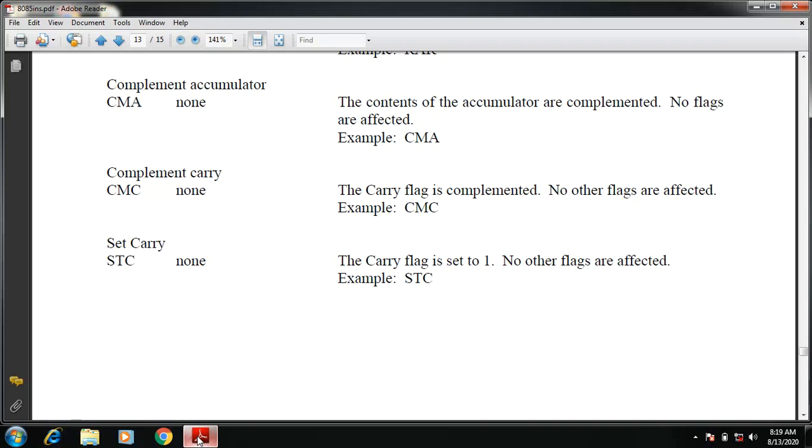For example, the content of the accumulator is 28, one 8-bit data. 28 is represented in binary form as 0010 1000. So these are the 8 bits. For applying the CMA instruction, it directly complements them. That is, 0 is changed to 1, 1 is changed to 0. That means each bit of the accumulator content is complemented.